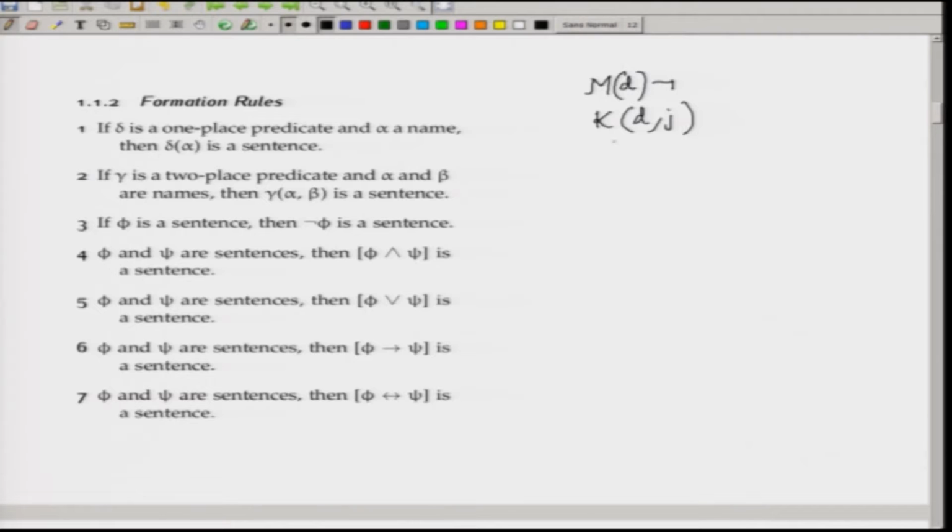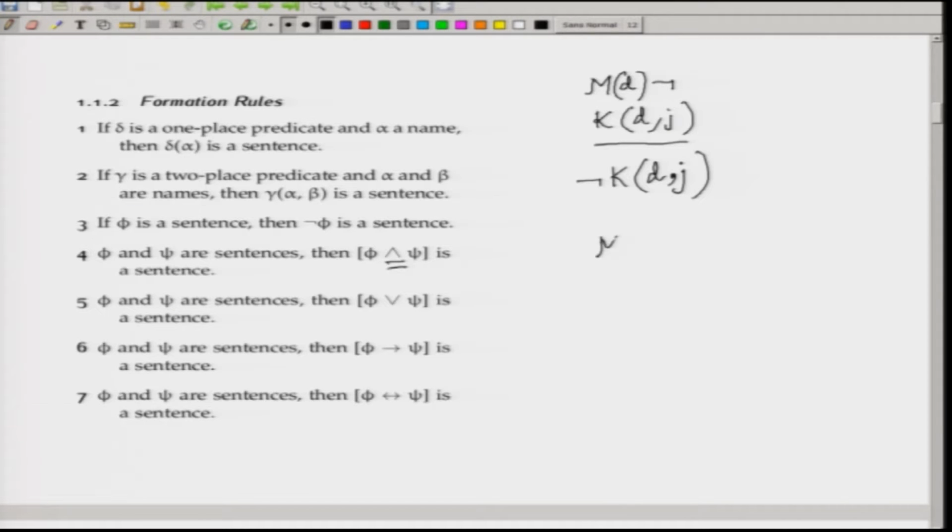So we have seen that this also is a sentence, and if we want, we can negate it, and this will become another sentence. So this is how we make sentences, by using rule 3. And then we know that this stands for AND. So if both phi and psi are sentences, then so is phi and psi.